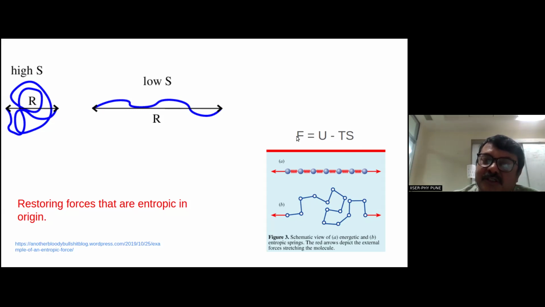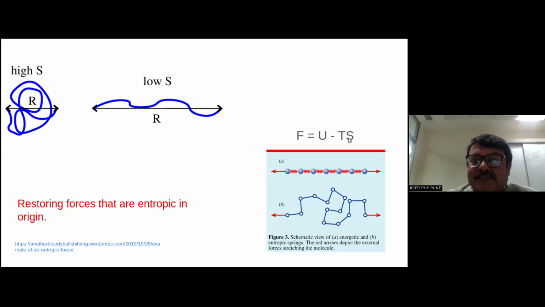So the force that you are working against is not dominated by del U del X, which is the conservative force, but it is del F del X. On stretching, the number of microstates decreases, as a consequence of which free energy increases because it's coming with a minus sign.